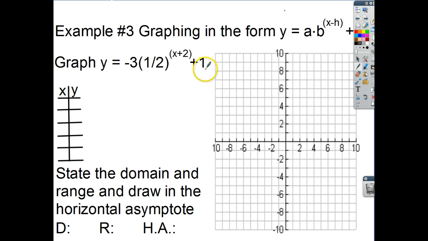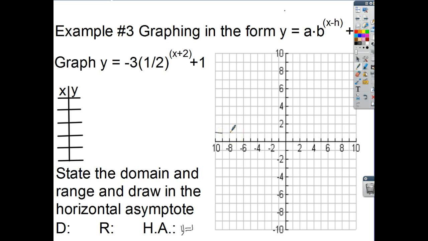And so if we're going to graph this, one of the first things is to address the horizontal asymptote. Horizontal asymptote wouldn't even fit on the screen, so I've abbreviated HA down here, and it's going to be the equation of a horizontal line, y equals 1 for this problem. We go ahead with dotted lines and dot it in.